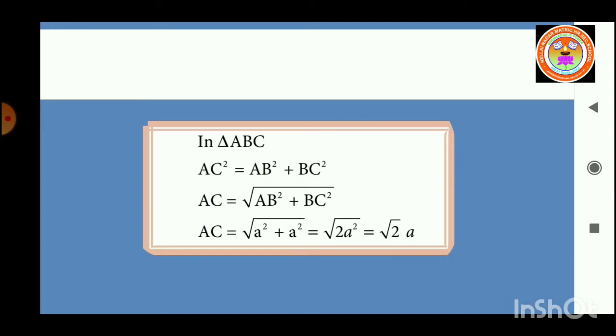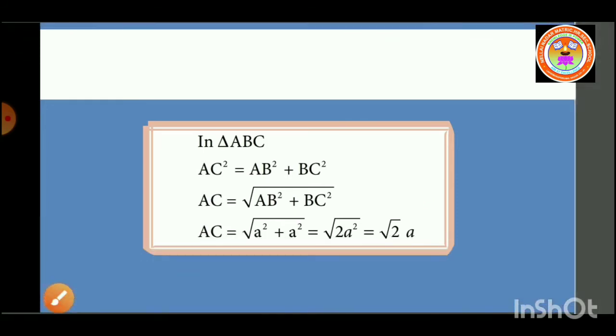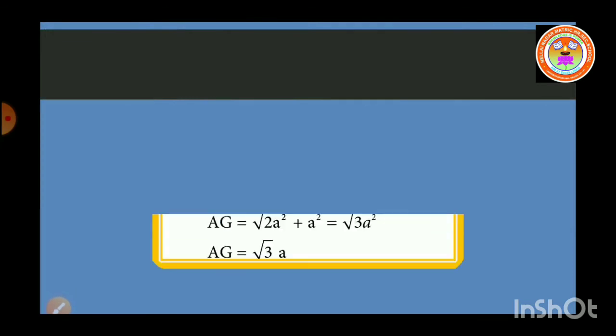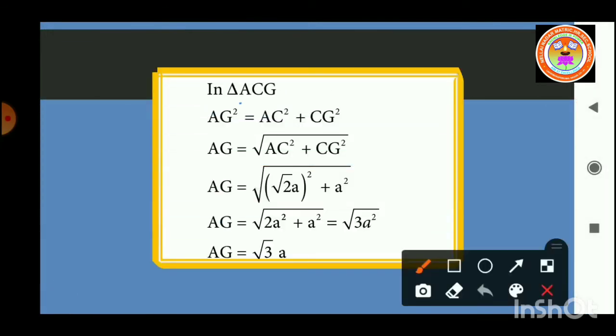The next triangle is ACG. Using Pythagoras theorem, AG squared is equal to AC squared plus CG squared, isn't it? So AG is equal to square root of AC squared plus CG squared. What we calculated for AC is root 2 A, so whole squared, plus CG is A squared.